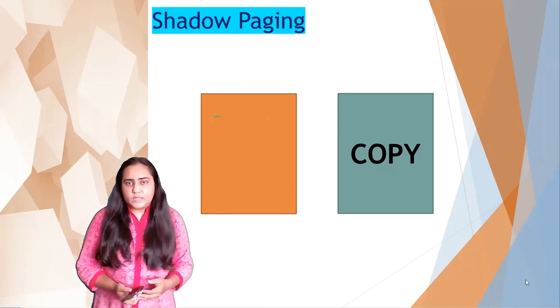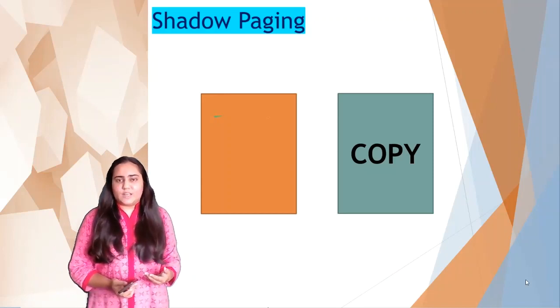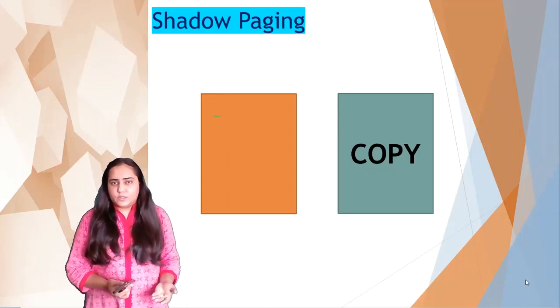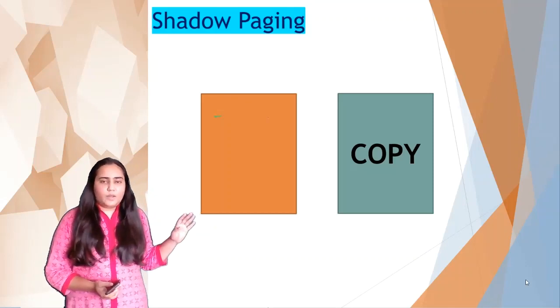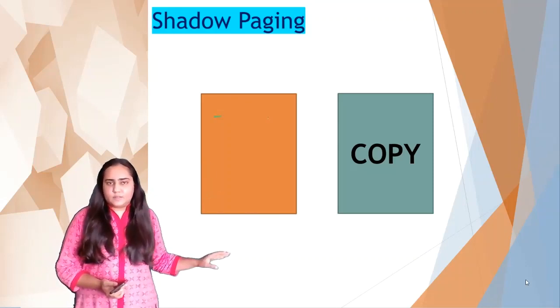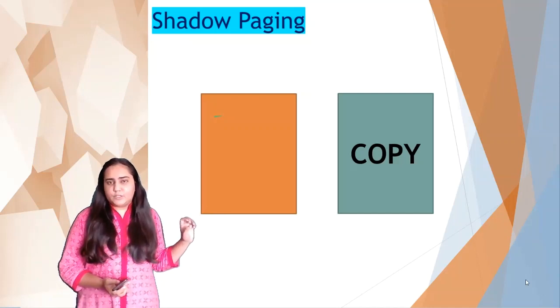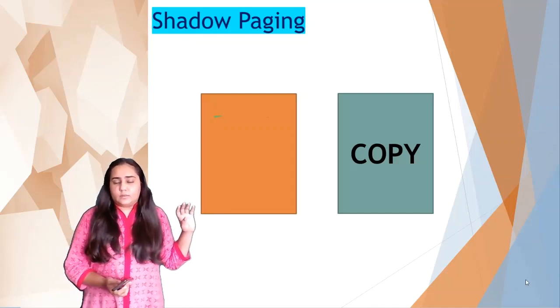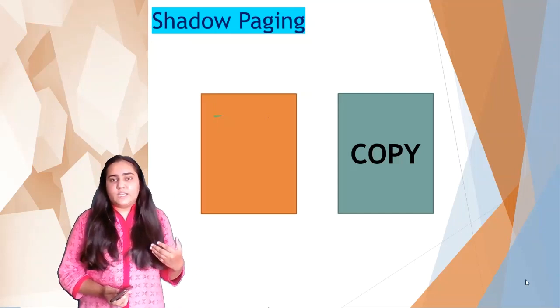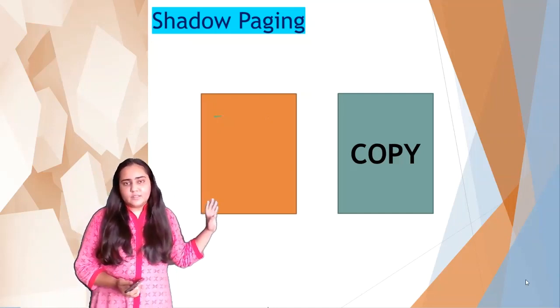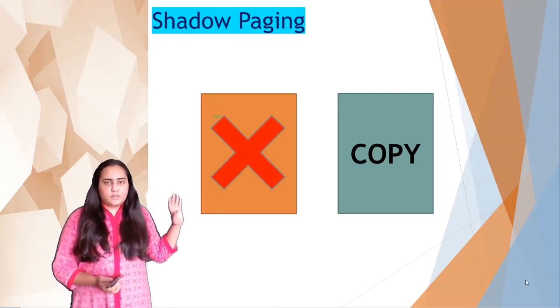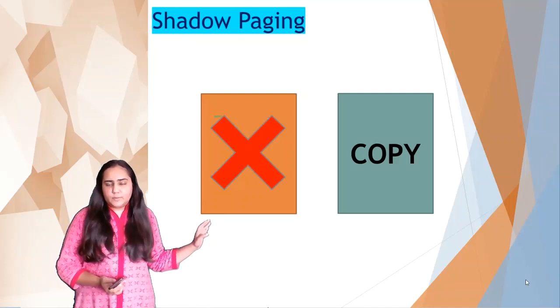And then all the updates are made in the copied page. Suppose my transaction successfully commits, then in that case, this page can be discarded, which was the original page.